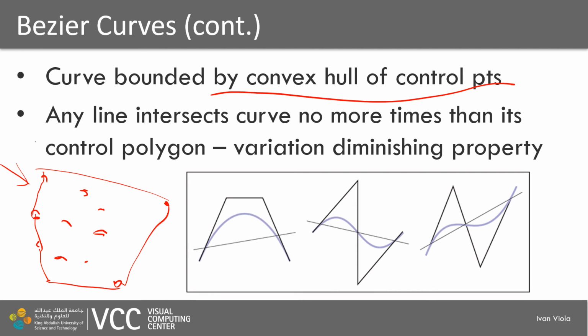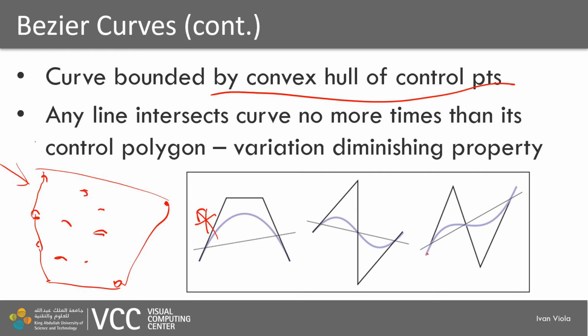In the case of our control polygon, the convex hull will be this one here, this one here, and this one here. So it has the convex hull property, which is great, which means that the curve will never go outside the convex hull.